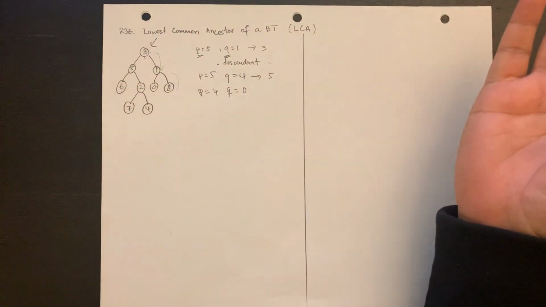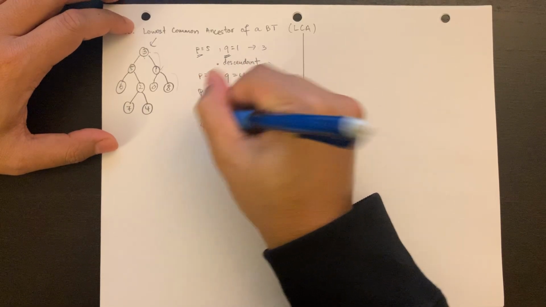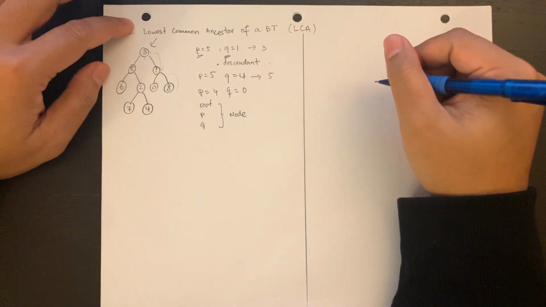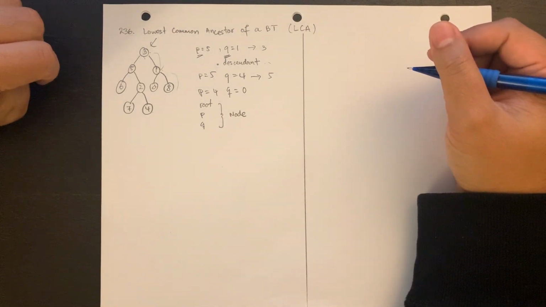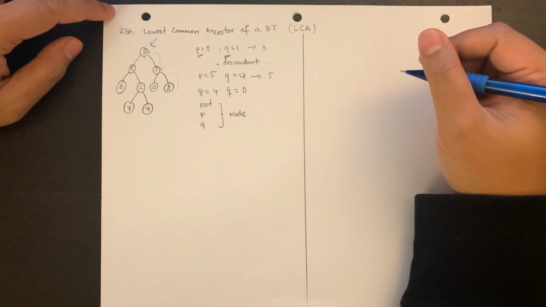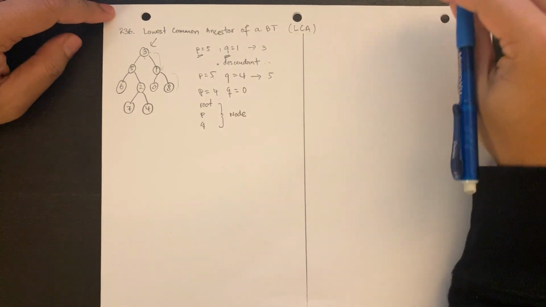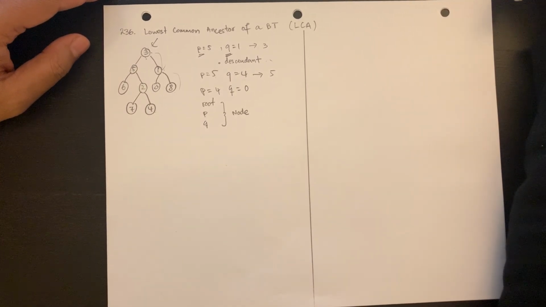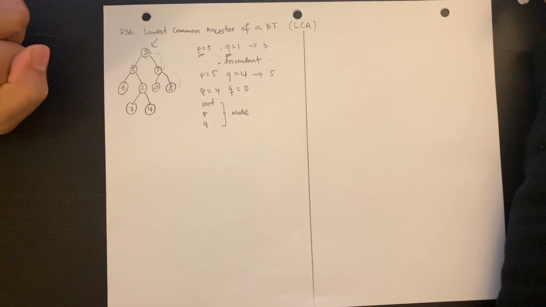According to LeetCode, the given inputs are root, P, and Q, and all of them are of node type. All of the node values will be unique. P and Q are different, and both values will exist in the binary tree.